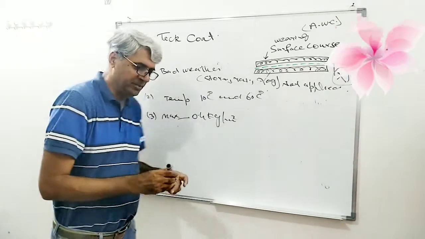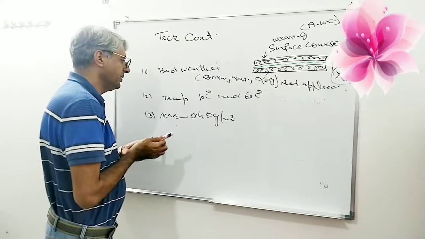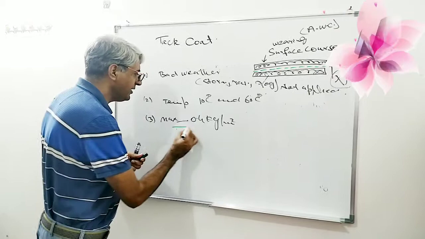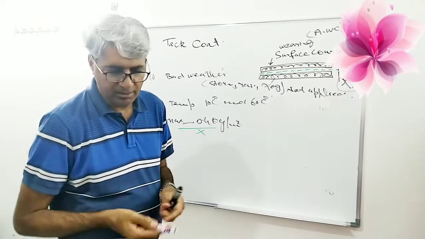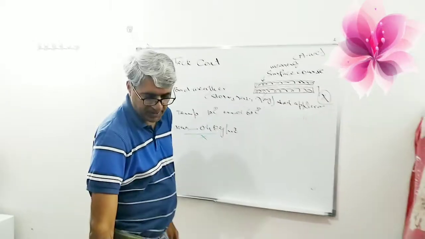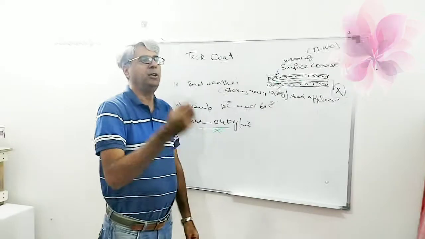But keep this thing in mind. This value which I have written over here, 0.4 kilogram per meter square, it is not hard and fast. Maybe your technical specification says its value should be 0.5, its value should be 0.6.